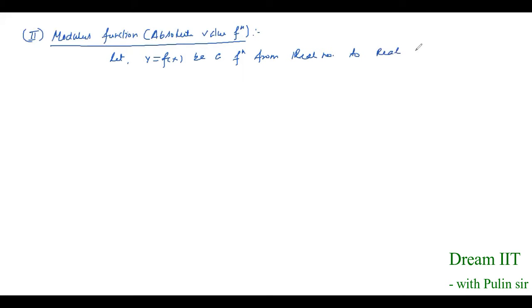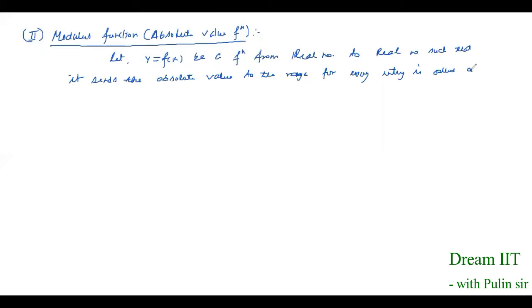I could have written in the symbol also, such that it sends the absolute value to the range, right, to the range for every entry is called the modulus function.